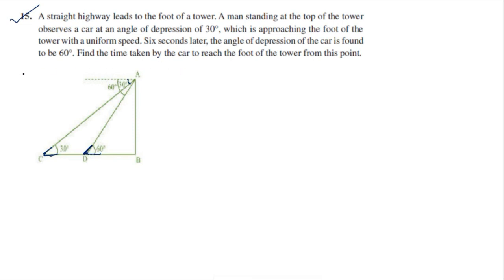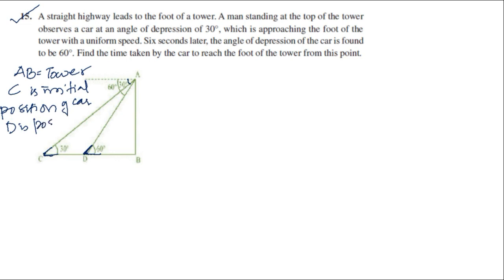So let me mention it here. AB is representing the tower. C is the initial position of the car. D is the position of the car after 6 seconds. Look at the triangle ADB.